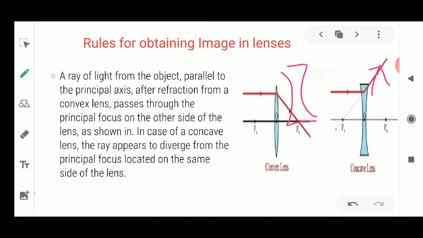When we extend this backwards, we can see that it passes through the principal focus again. So it appears to pass through the principal focus after refraction in the concave lens.